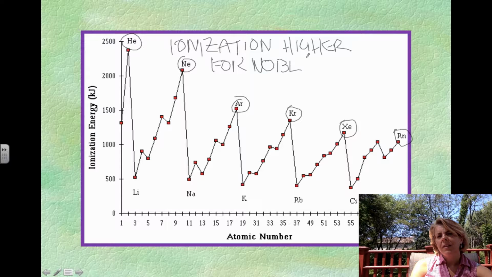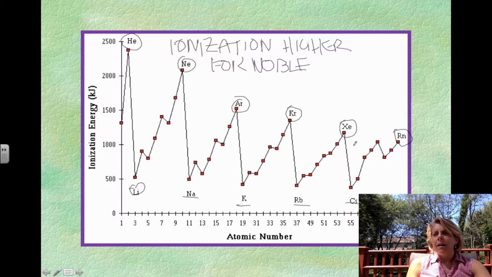So notice that the ionization is actually lower for the alkali metals. And that makes sense because these guys, they're willing to give up their electrons to be cations. The noble gases, they're satisfied. They want to hold on to their electrons. So their ionization energy is higher because they want to hold on to their energy. Notice the trend too as you go up with atomic numbers. So as you add an increasing number of protons and electrons, the ionization energy actually decreases over time.